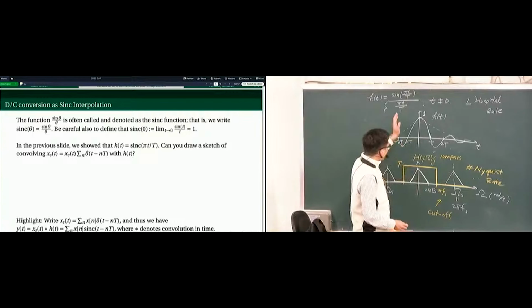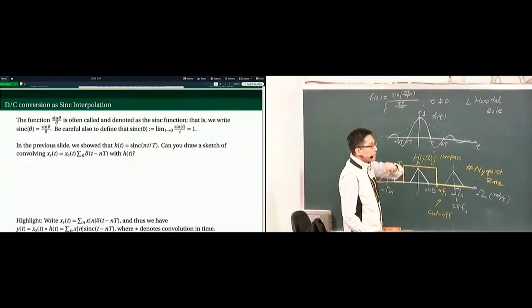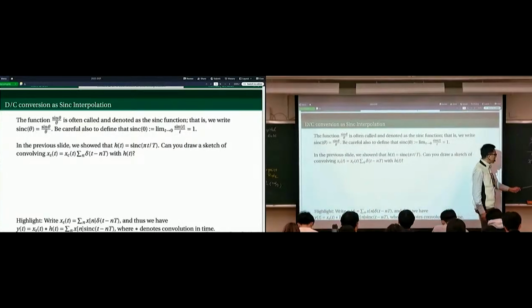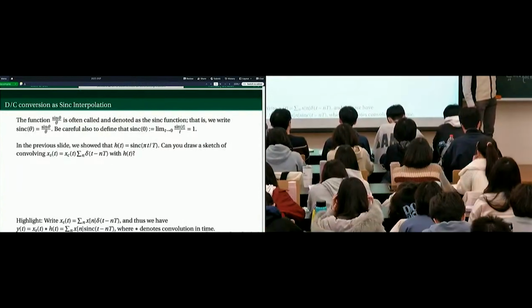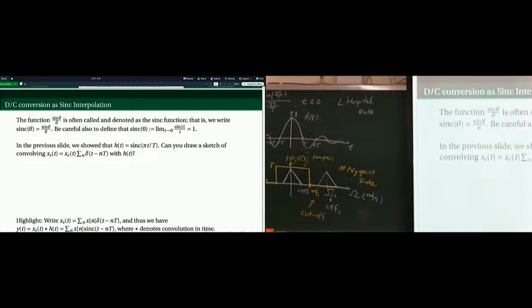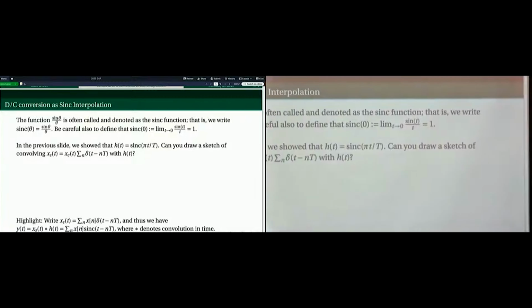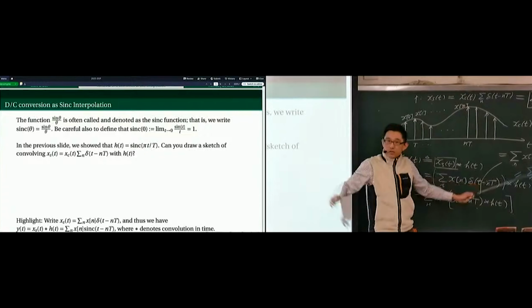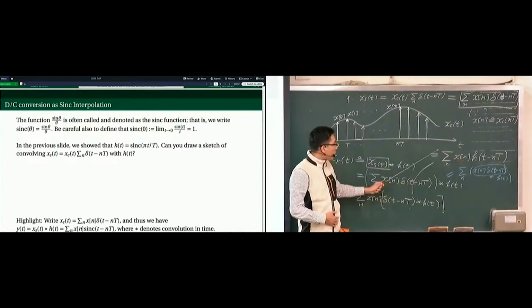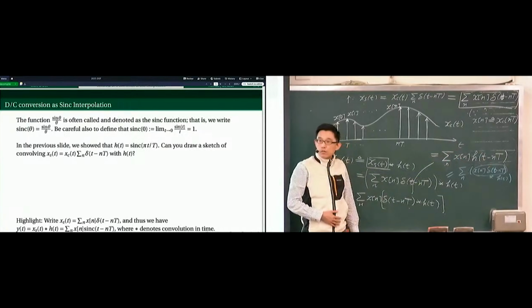In the last 10 minutes, we reached this final expression, which tells us that when we convolve the train of spikes, each modulated with a height of x bracket n, the result of convolution can be expressed as a summation of h of t, shifted to the right and modulated by the same height. We sum over all n.